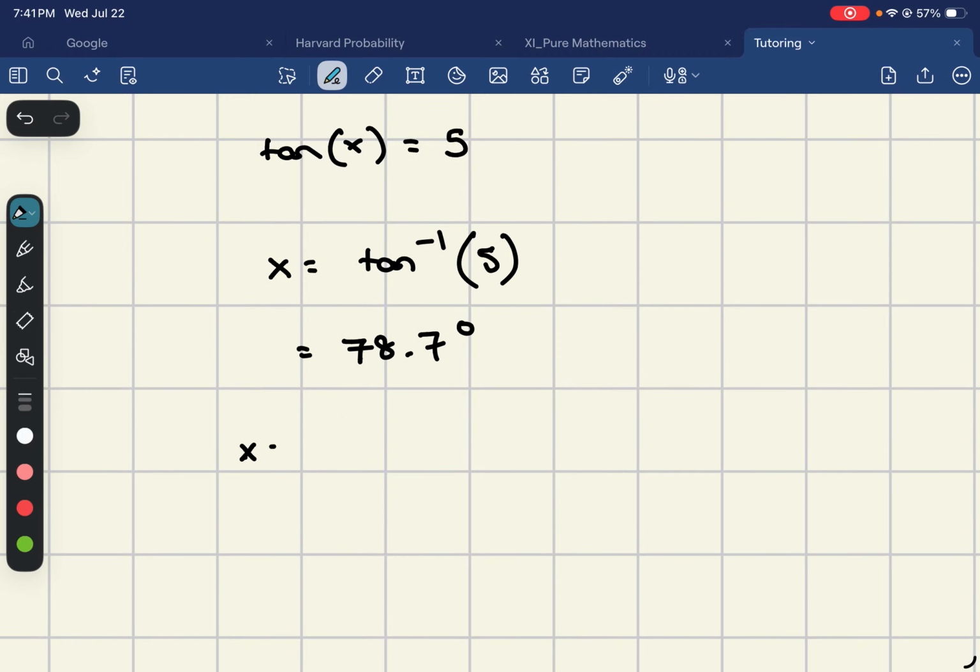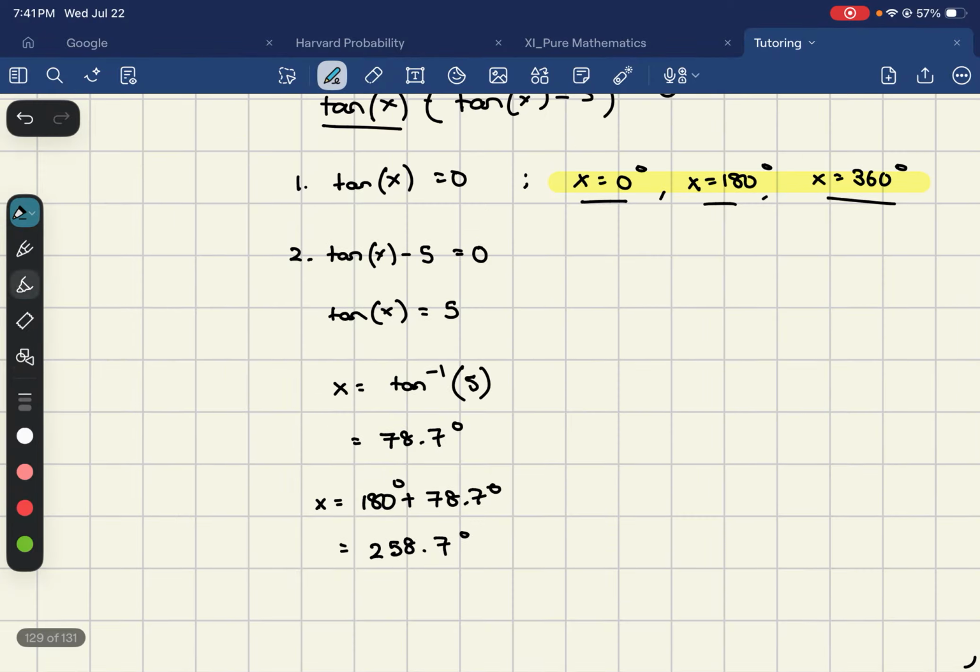And the other value, if you've watched the previous video, you know that you can get by adding 180 to this acute angle, because you want to send it to the third quadrant. If you do so, you get 258.7 degrees. All right, so those are your solutions: 0, 180, 360, 78.7, and 258.7 degrees.